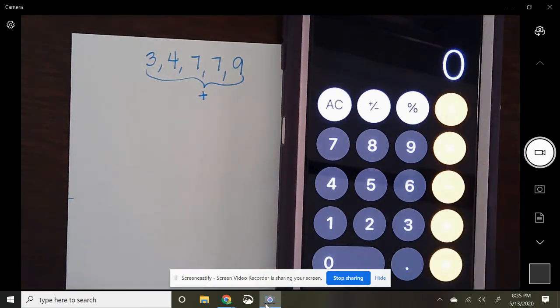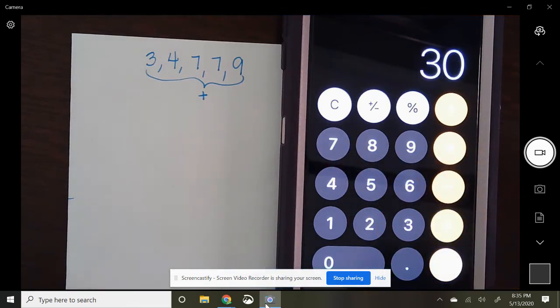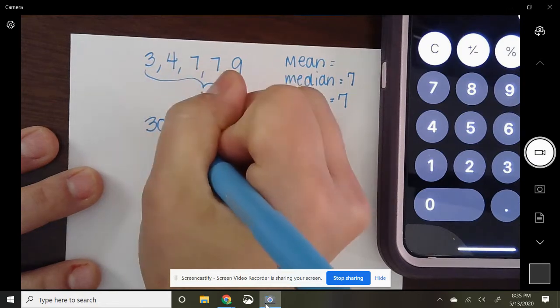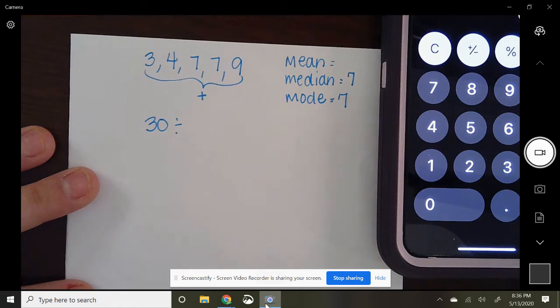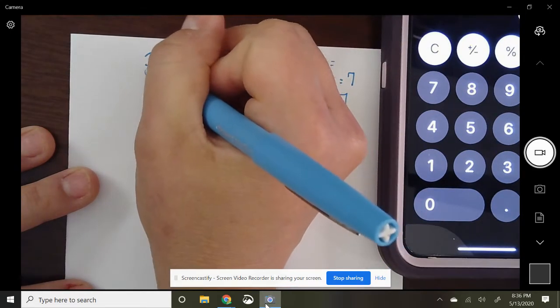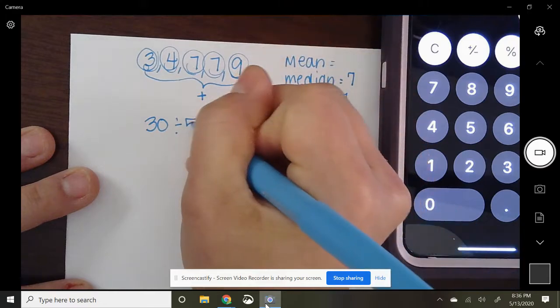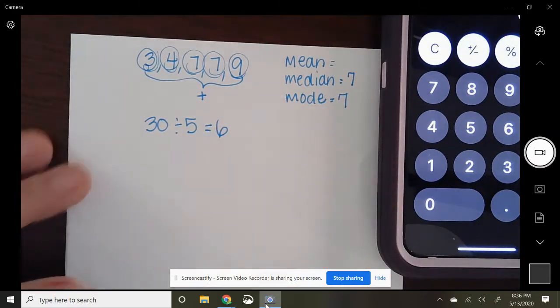So here's my phone. 3 plus 4 plus 7 plus 7 plus 9. I get the number 30. And then I have to divide it by the number of numbers in my data set. So 1, 2, 3, 4, 5. 30 divided by 5 is 6.